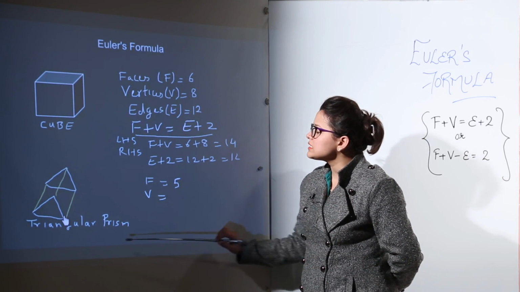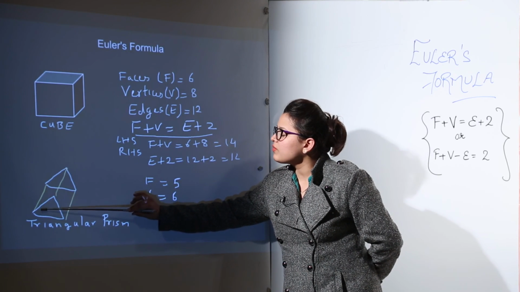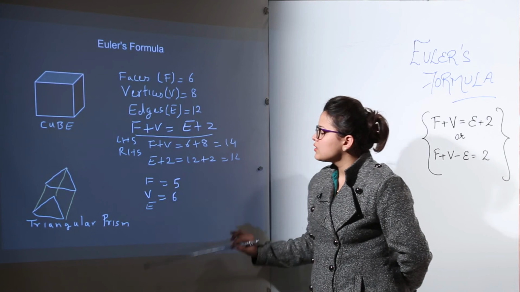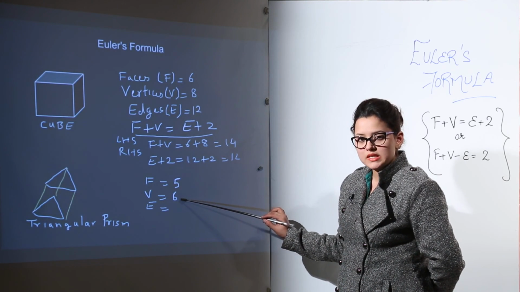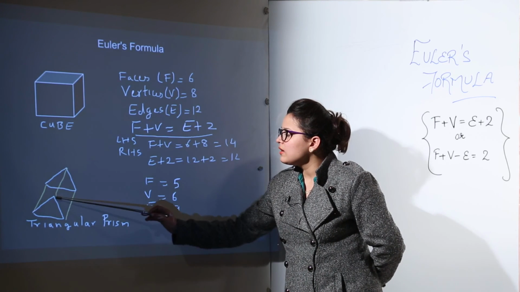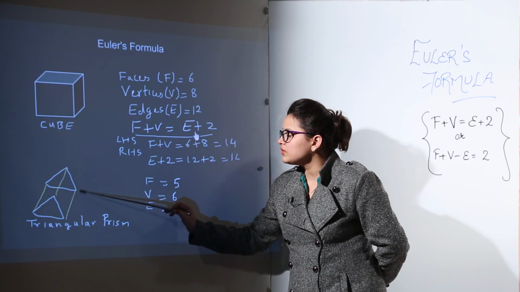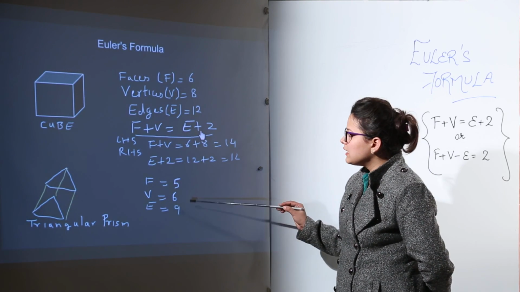What about the vertices? It is going to have 1, 2, 3, 4, 5 and 6 vertices. So we have written down V equal to 6. Similarly, if we count the number of edges, you would get 9. Why? Because 3 plus 3 is 6 and the 3 of the parallelograms, so you get 9 edges.